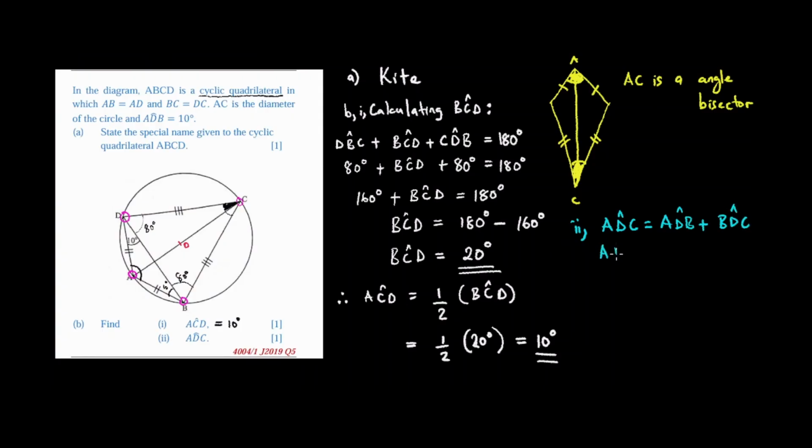Saka ADC ingeri equal to kapata kakatain plus then of course BDC the 80, which gives us 90 degrees. Or you could actually have just written it like this. ADC is equal to 90 degrees.